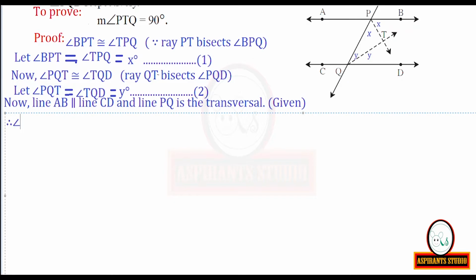You know that interior angles are supplementary when the lines are parallel, by interior angles theorem. Here angle BPQ and angle PQD are interior angles. So you can write measure of angle BPQ plus measure of angle PQD is equal to 180 degrees. Write the reason.